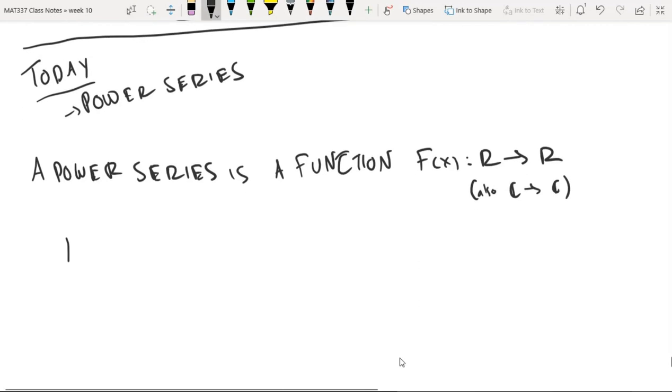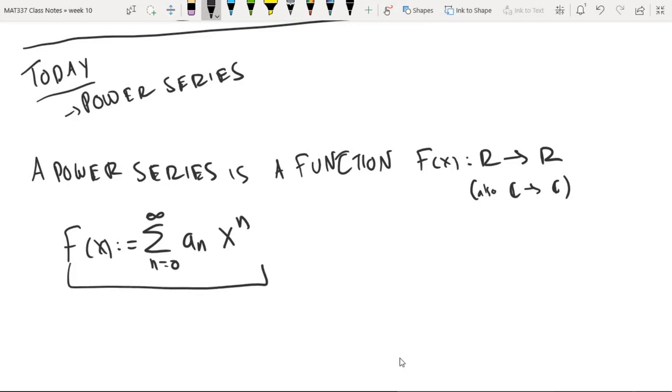And it's defined as this guy here. That's a power series.